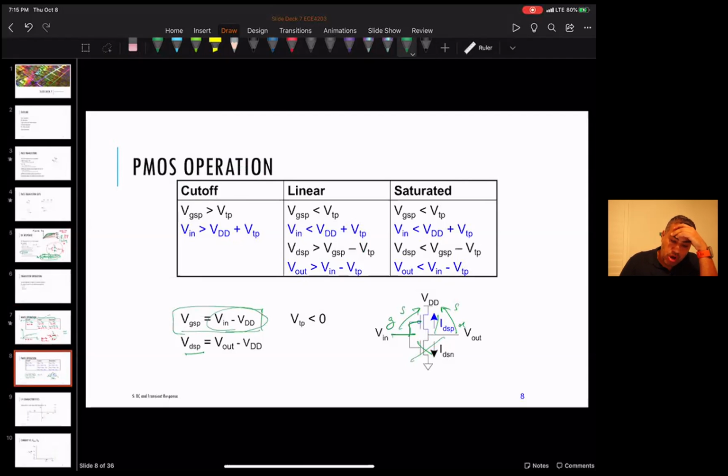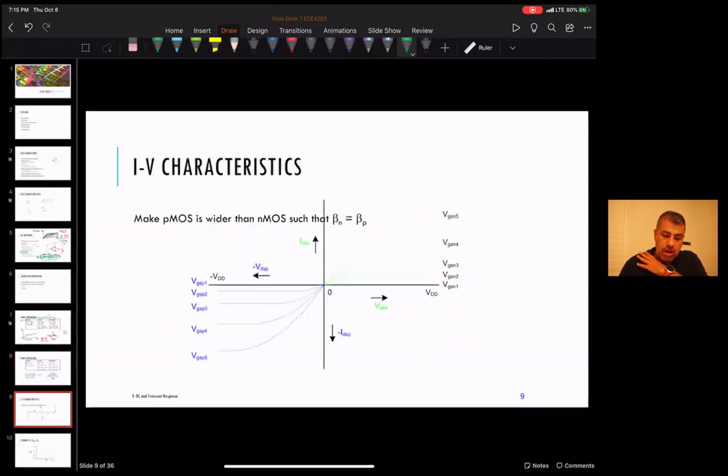We could just pick the nodes, write the current equations, and try to figure that out, but you'll see how much easier and more meaningful it is to do the graphical mode.